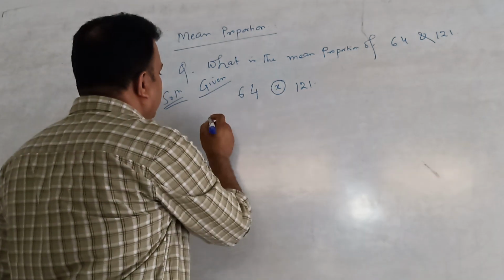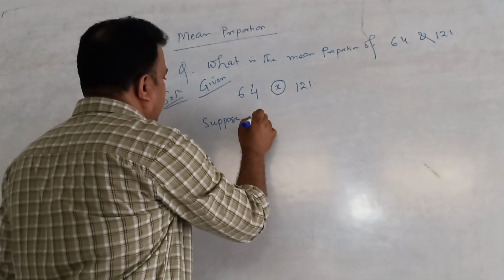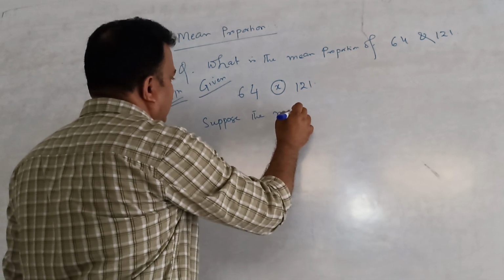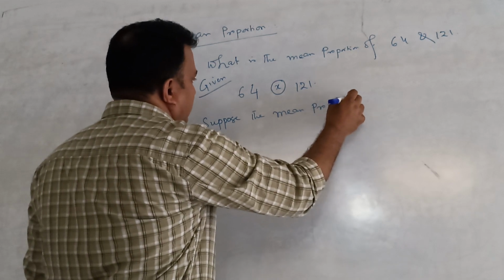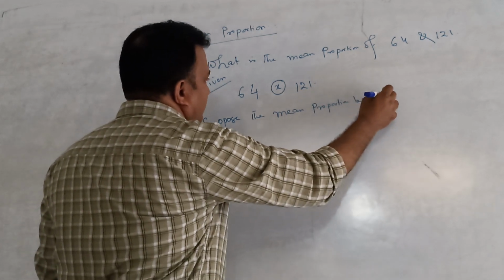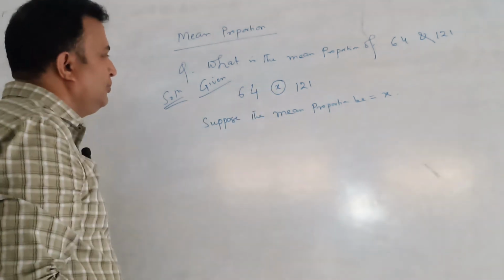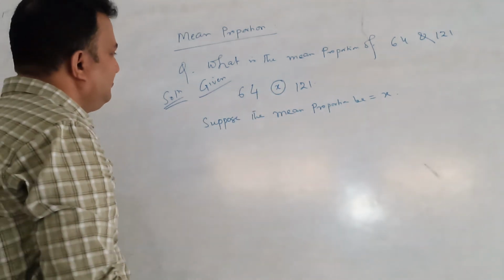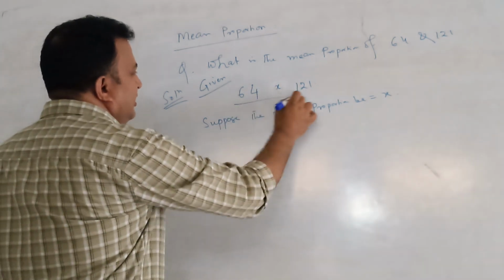So suppose the mean proportion be x. Now you see that there are three terms here.